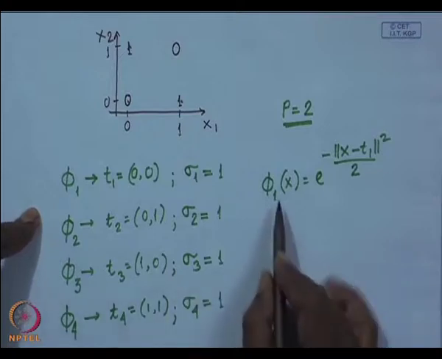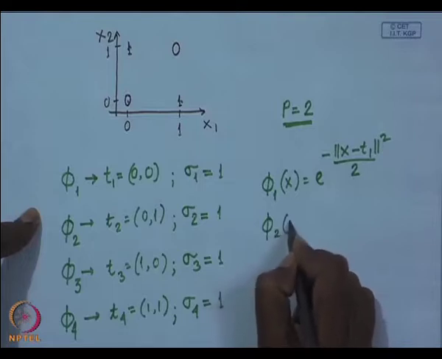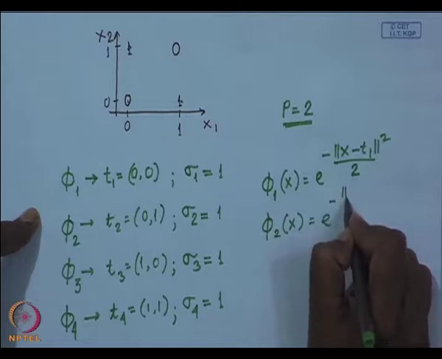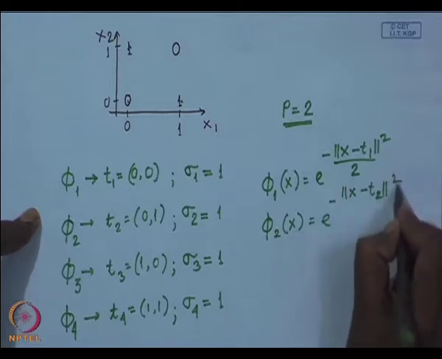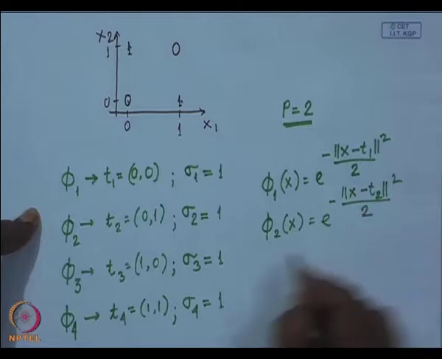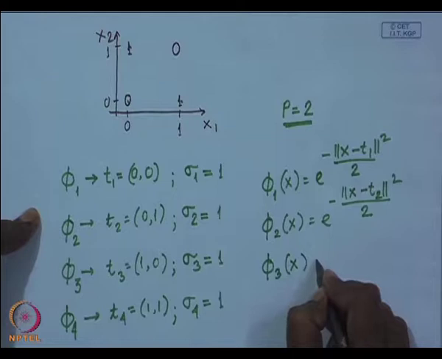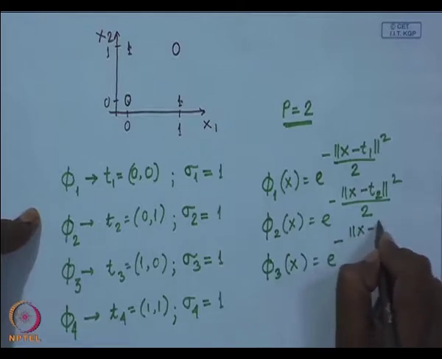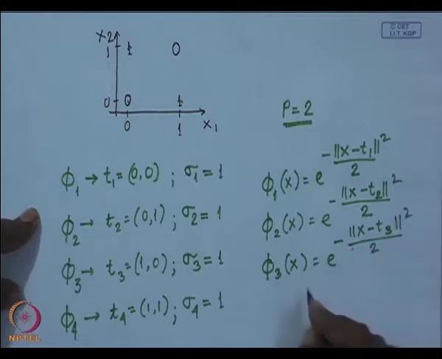Similarly, for phi 2 x, I will have e to the power minus x minus t 2 square upon 2, phi 3 x will be e to the power minus x minus t 3 square upon 2, and phi 4 x similarly.